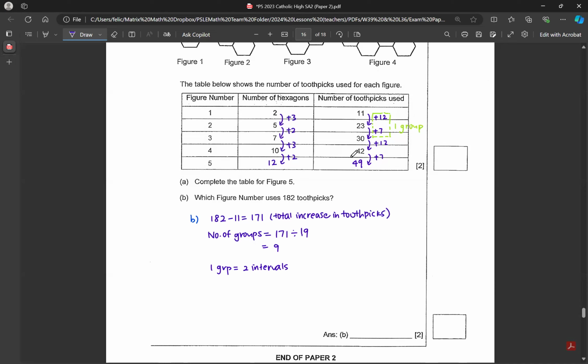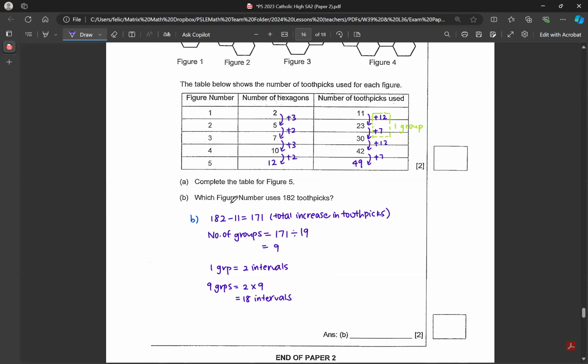So every one group is 2 intervals, but since I have 9 groups, there should be 18 intervals. That means 18 small arrows to reach 182 toothpicks. Let me just write properly. So there are 18 such arrows moving downwards.